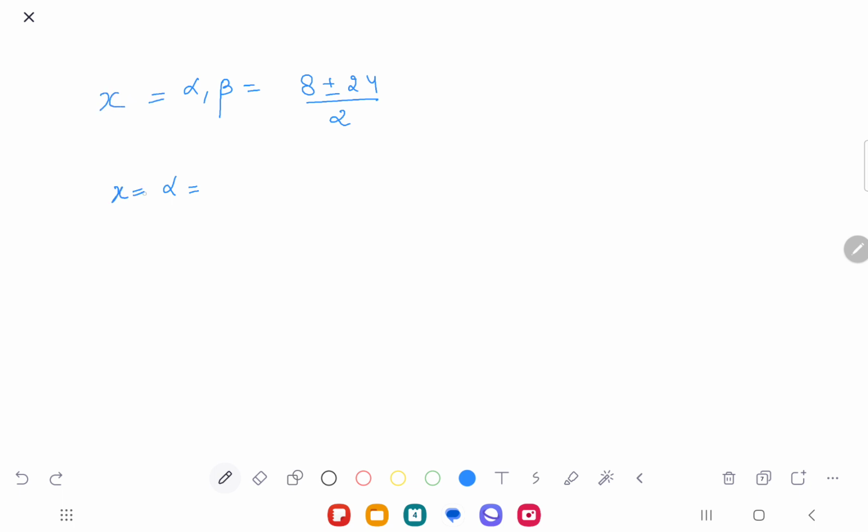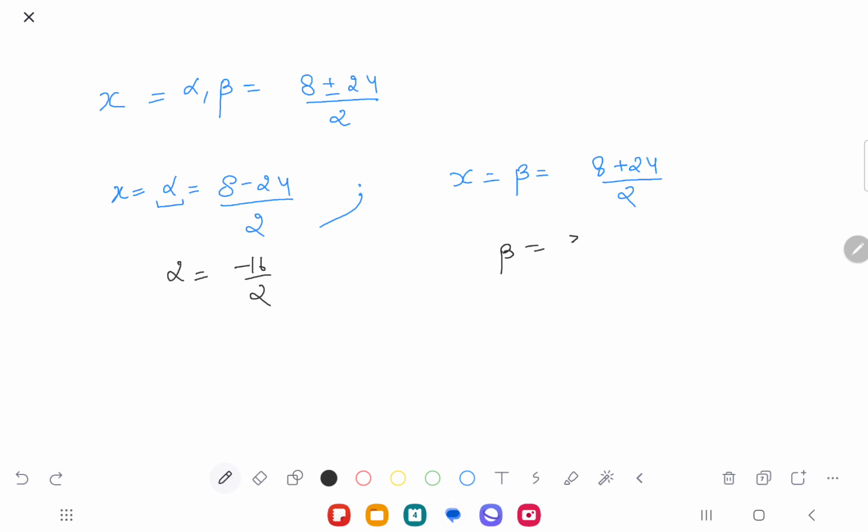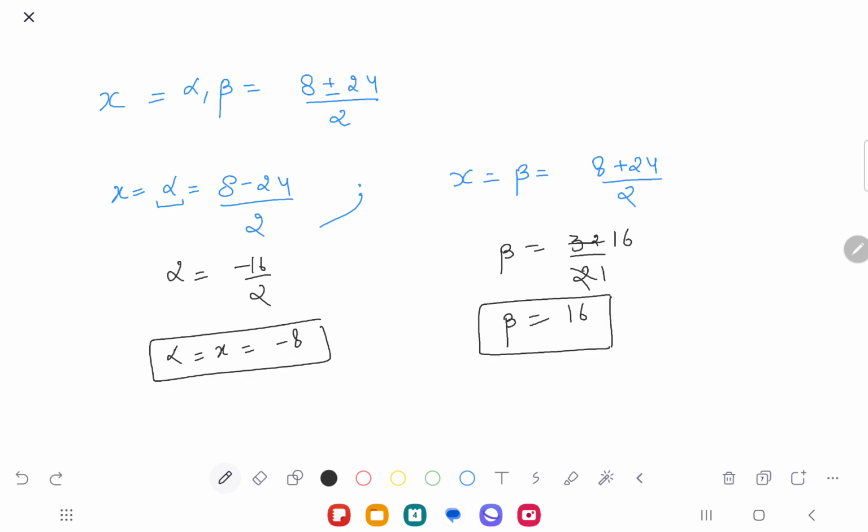My first value of x, which I'm calling alpha, would be 8 minus 24 over 2, and the other value of x, which I'm calling beta, would be 8 plus 24 over 2. So alpha shall be minus 16 over 2, and beta shall be 32 over 2. So alpha, the x value, is going to be minus 8. Yes or no? And beta shall be 16.